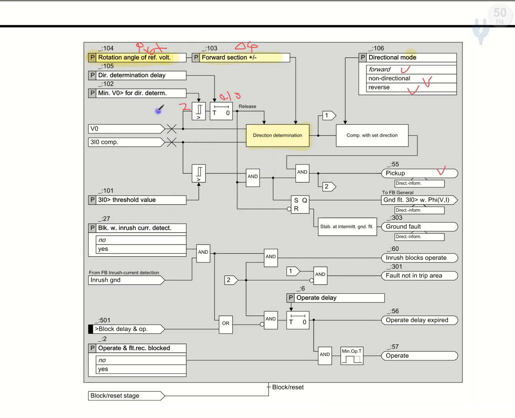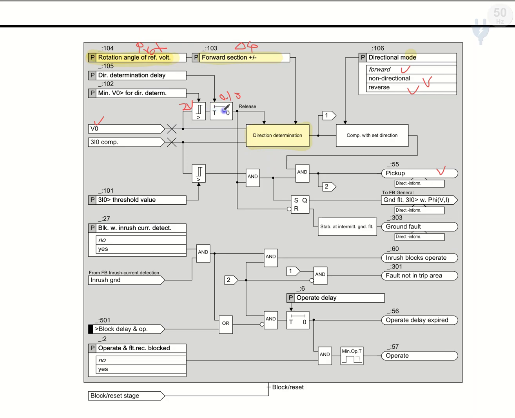Because we need this V0 only for the reference axis. This is not decisive about when the fault should occur. Even so, we can limit the initial mistakes by giving some delays. We give this as 2 volts.